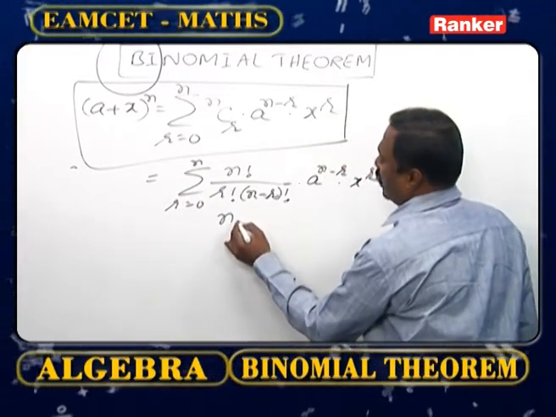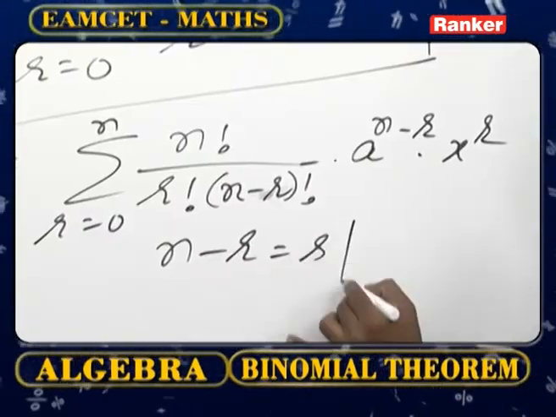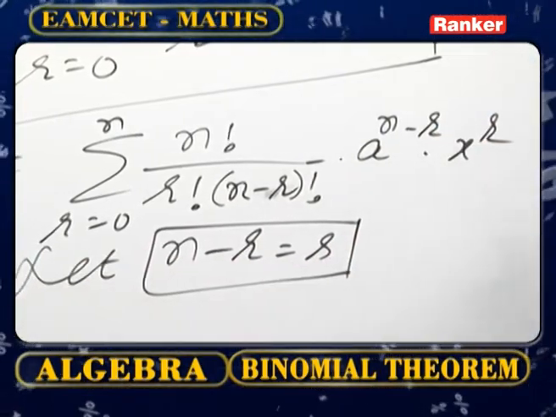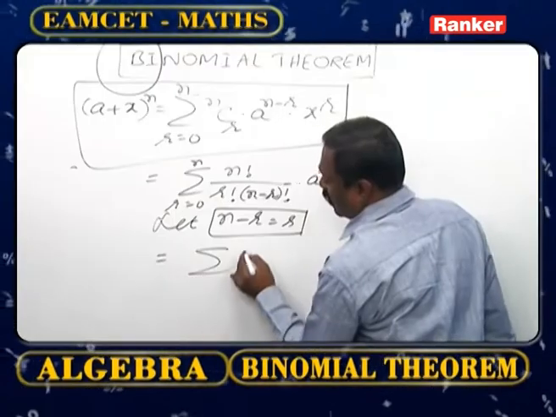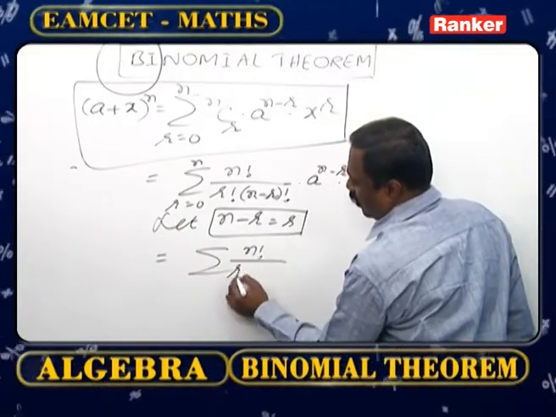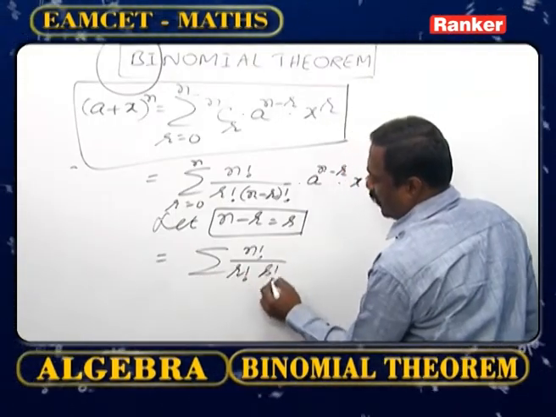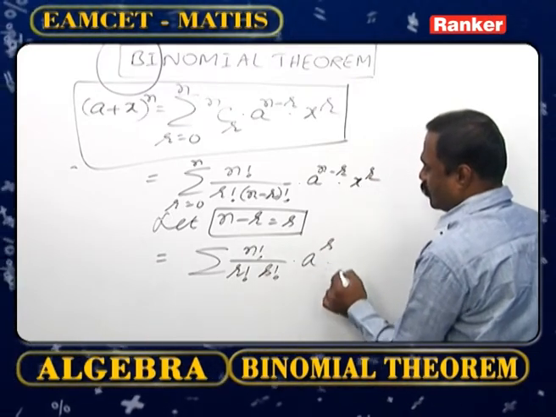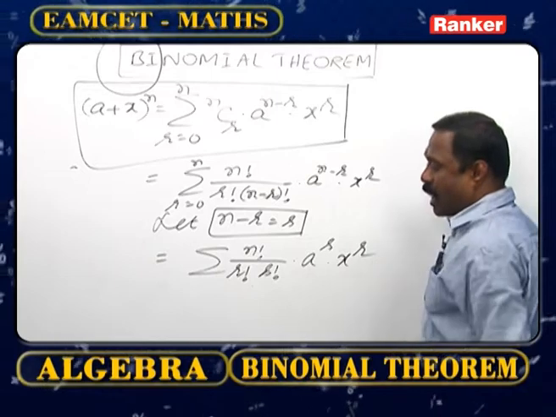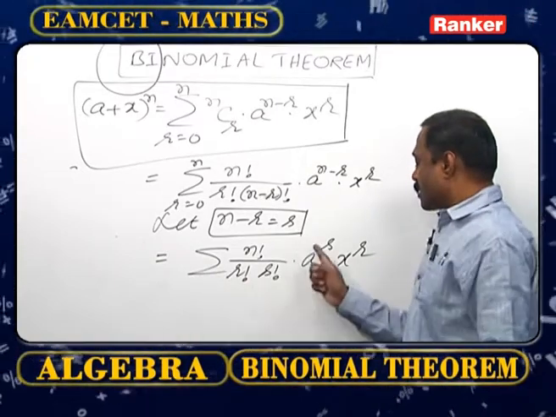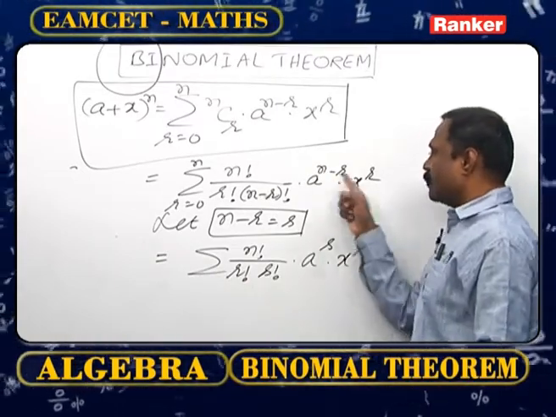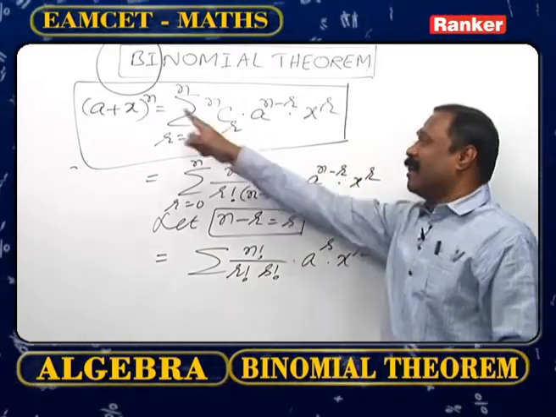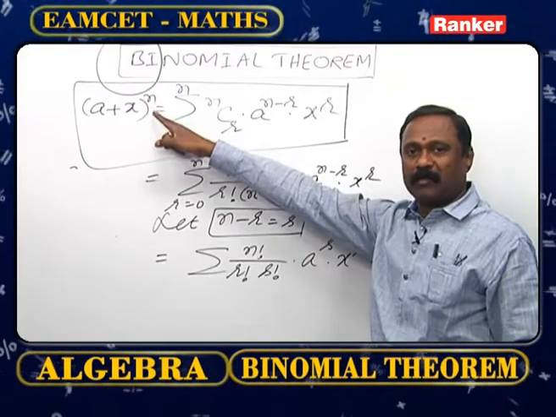What we do, we write it as r runs from 0 to n. Then we take n minus r is equal to some s. Let n minus r is equal to s, and thereby what happens? It is sigma n factorial upon r factorial into s factorial into a power s into x power r, and you can understand the sum of these, always see this, n minus r plus r is nothing but n, it is equal to the power always.